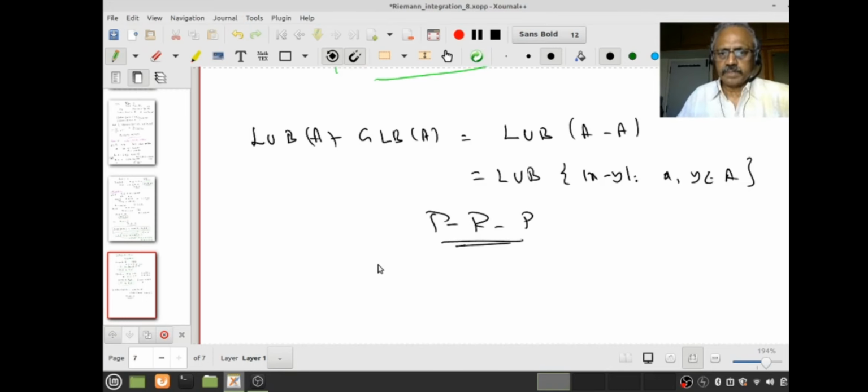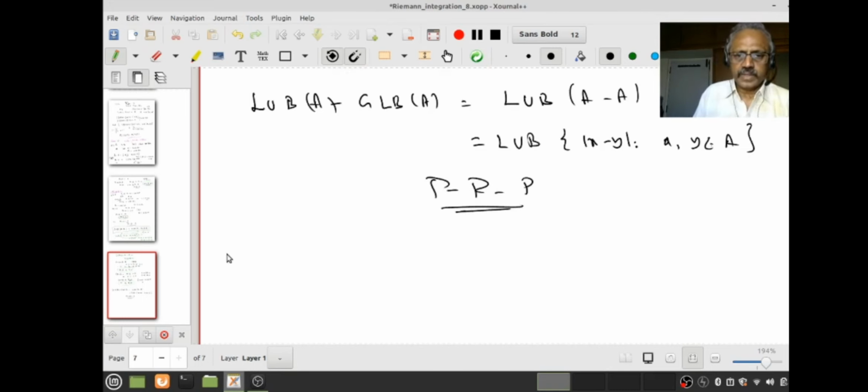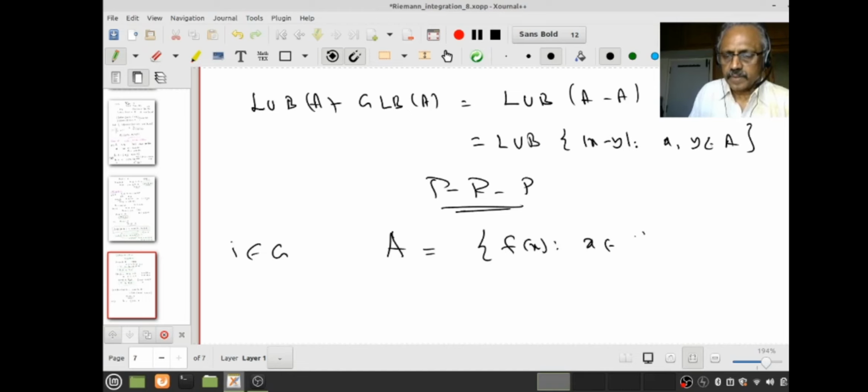So let's come back. Let's go to our I in G set. My A there is f of x, x in x_{i-1} to x_i, maybe G composite f. You understand that?